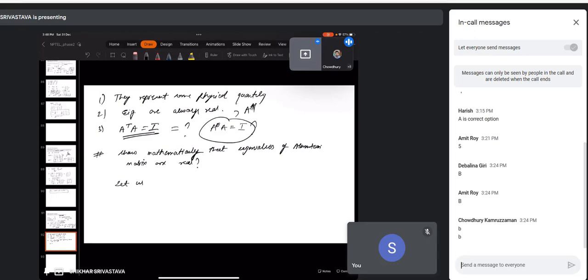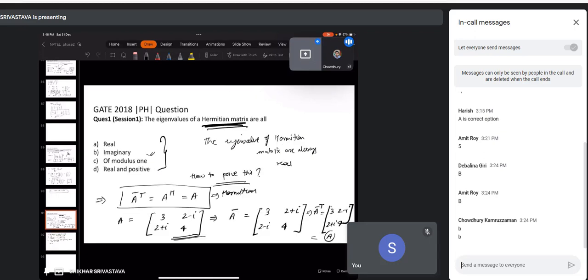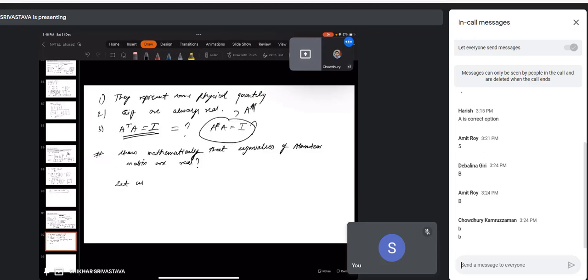Suppose you have some matrix A, its Hermitian is represented by A^H. So for a Hermitian matrix, this property is true: A transpose A is I.